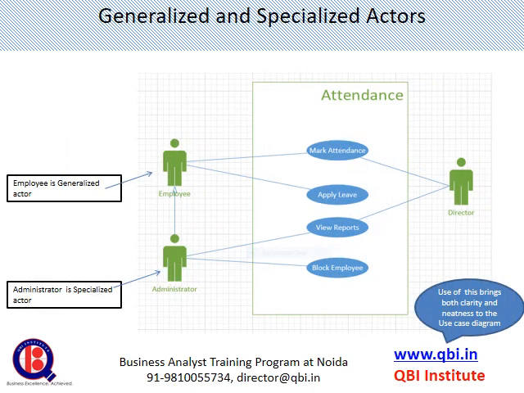At the cost of repetition, administrator for this attendance system is the specialized actor and employee is the generalized actor. Use of the generalization relationship between actors brings both clarity and neatness to the use case model.